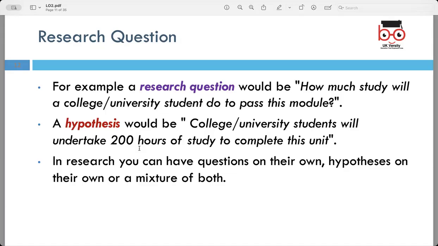And a hypothesis might be: university students study for 200 hours to pass this module. So as you can see, a research question asks what, how, and why, while a hypothesis makes a guess that you then test. You can use just a research question, just a hypothesis, or both in your project. Choose what fits your topic best.